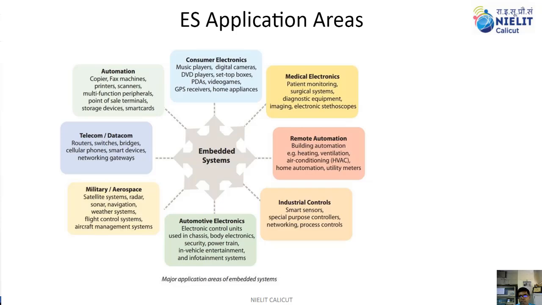Under consumer electronics, there are many smart gadgets we are using nowadays, and similarly various navigation equipment like GPS receivers and home appliances are certain applications under consumer electronics. So these are all the major application areas of embedded systems.